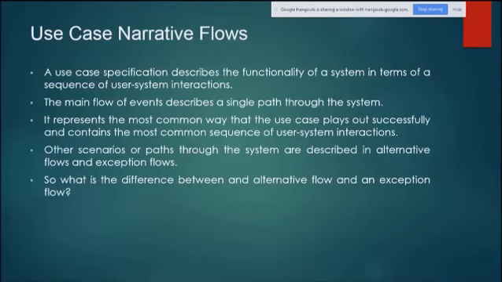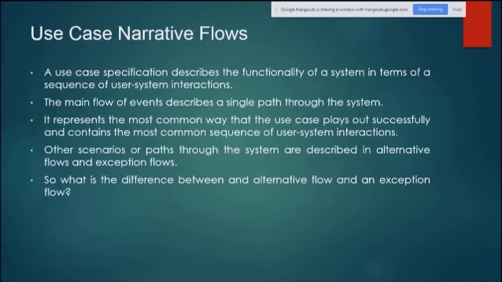Use case narrative flows. A use case specification describes the functionality of a system in terms of a sequence of user-system interactions, how the user is interacting with the system. The step-by-step process is written in the form of a story. The main flow of events describes a single path through the system.